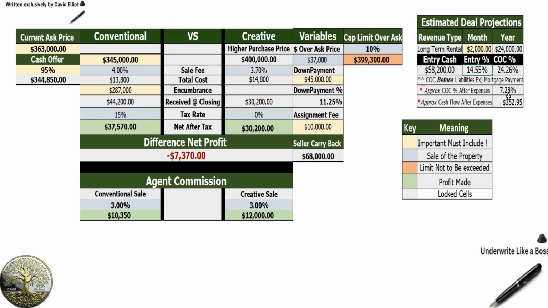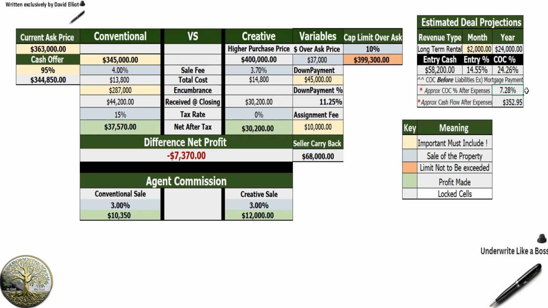Now, by doing that, I can see that my approximate cash on cash return after my liability expenses, such as any type of note payments or HOA fees, is going to be about 7.28%.